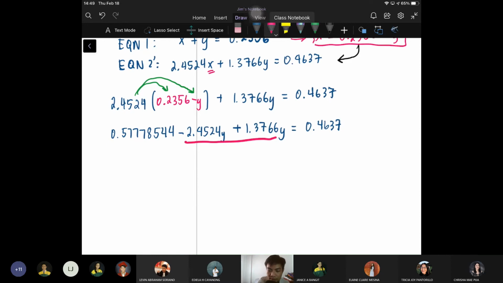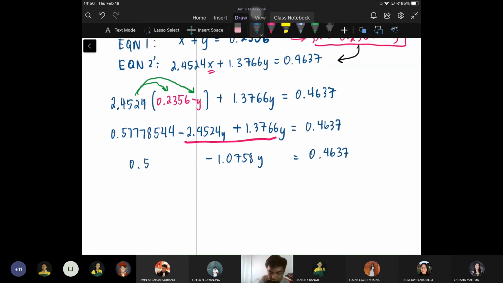Combine y's. Lipat na rin natin sa kabila itong ano. Hindi, combine na lang muna natin para hindi kayo malito. So, pagsamahin natin, negative 2.4524 plus 1.3766. That will be negative 1.0758y.